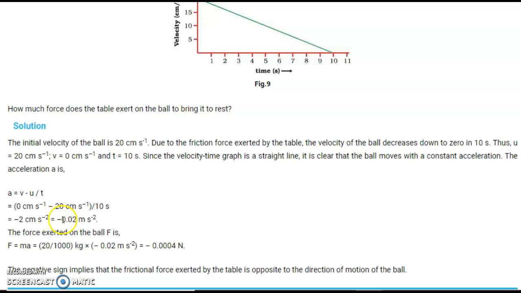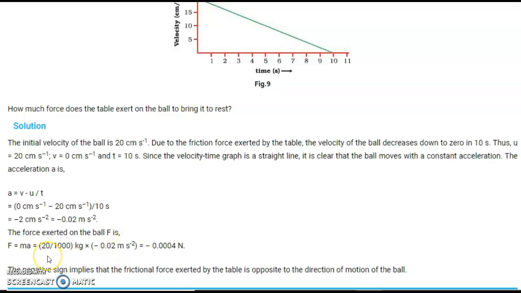Why is there a negative sign here? Because the velocity is decreasing, that is, the negative sign indicates a retardation. For the force exerted on the ball, F is equal to what? Mass into acceleration. So mass is given as 20 upon 1000 kilogram, and acceleration is 0.02 meter per second square.